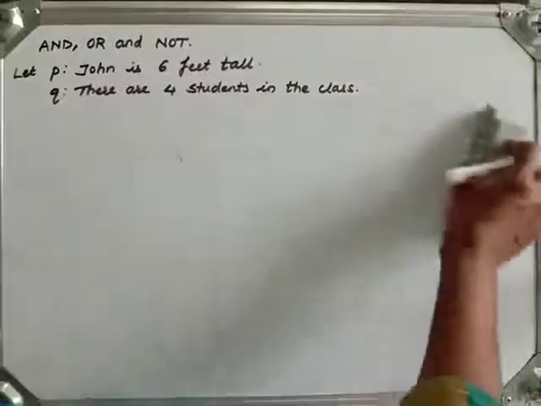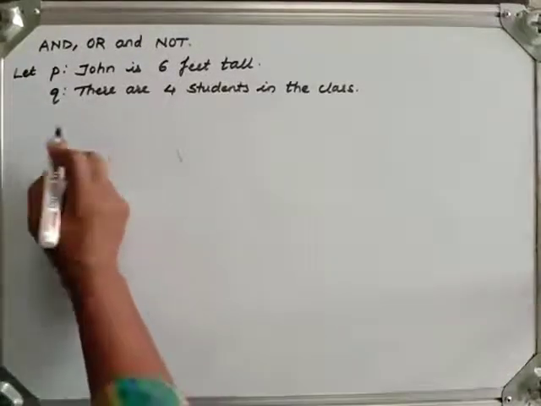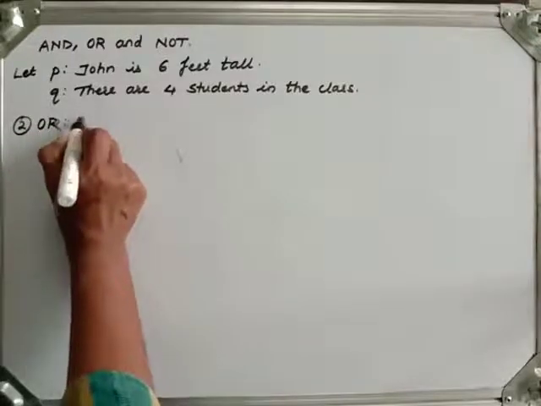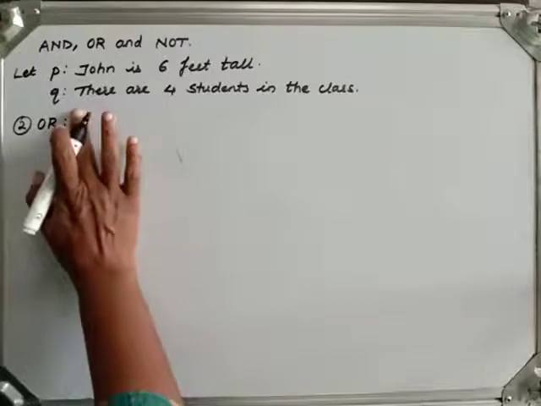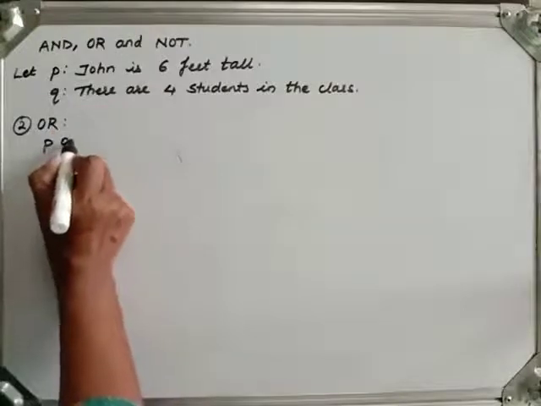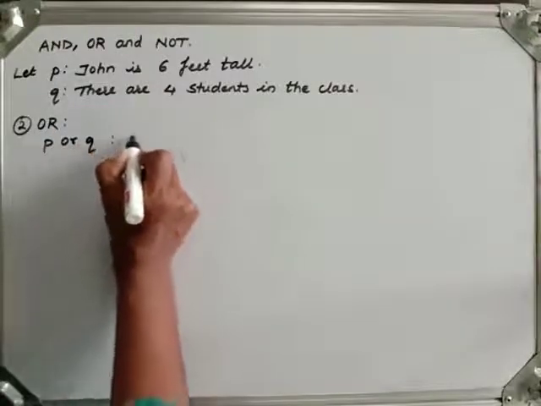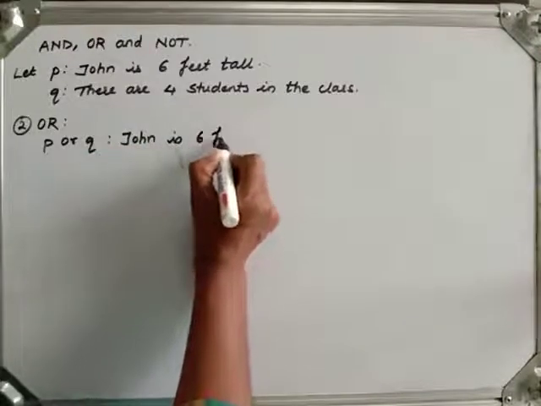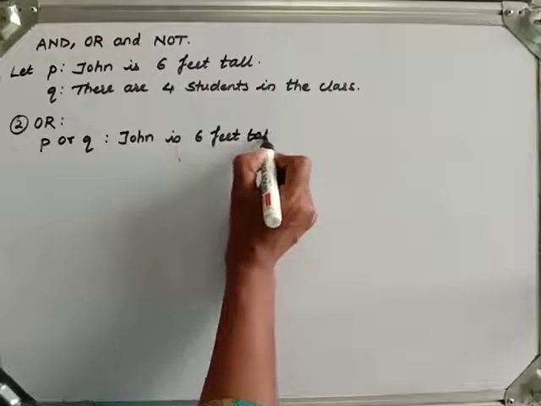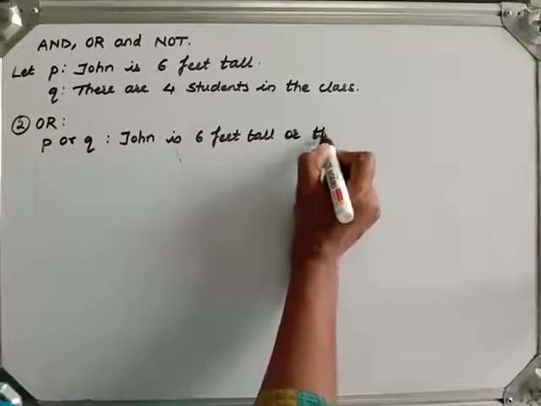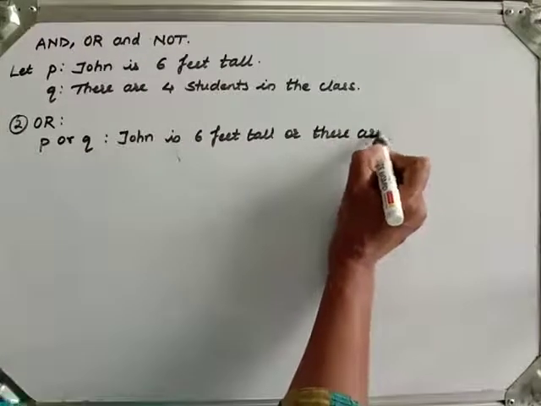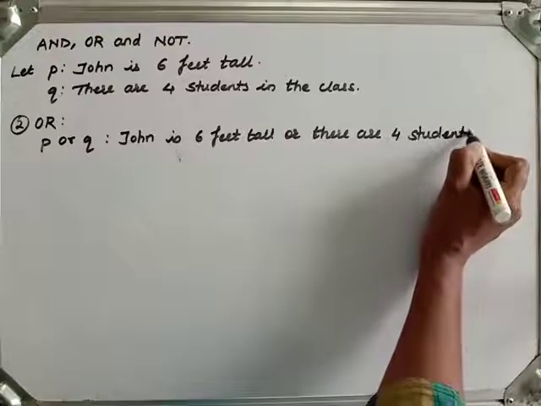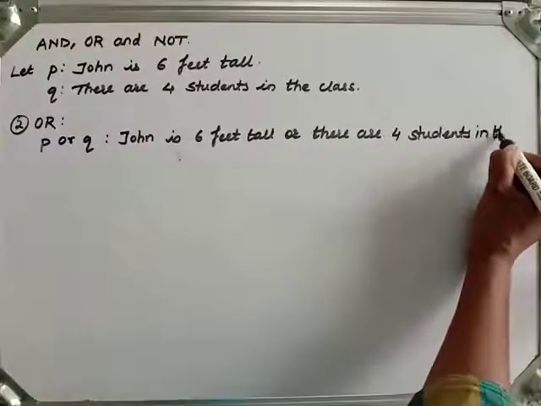Using OR, the same statements, P or Q, will become John is 6 feet tall or there are 4 students in the class.